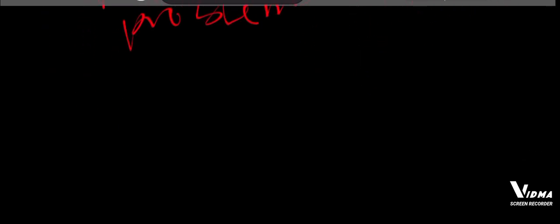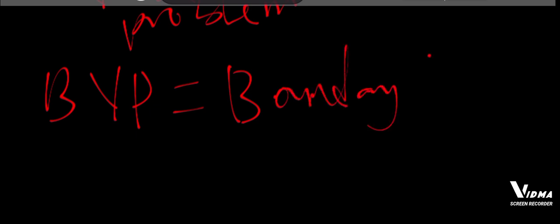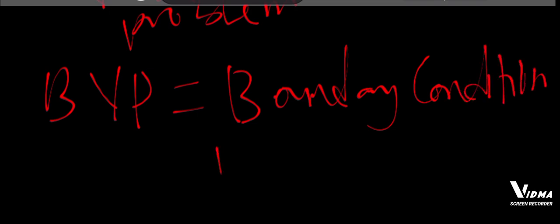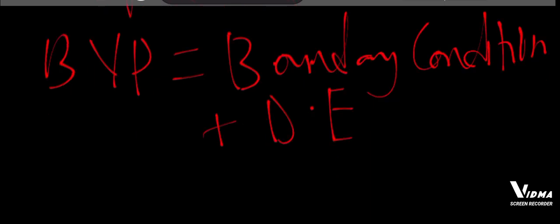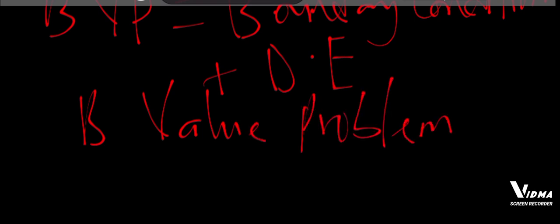So the same way, if I have a BVP, that's if I have a boundary condition, and I have my differential equation with it, then it becomes a boundary value problem. Okay, so that's how we define these two.